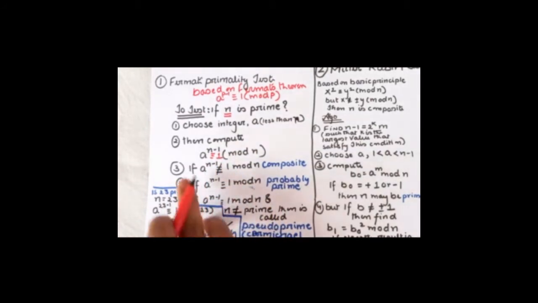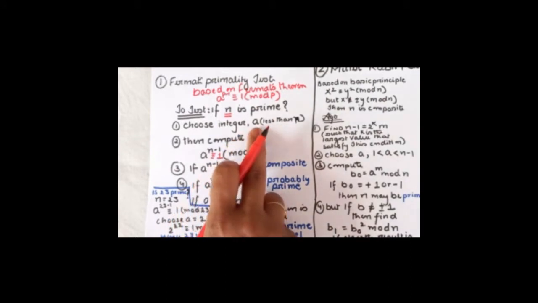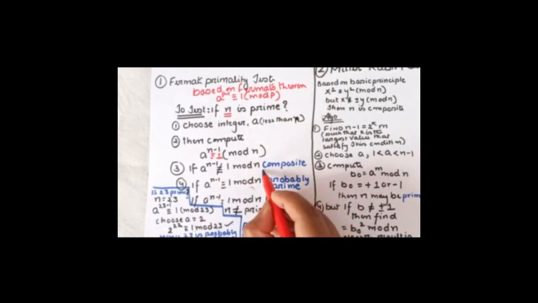After computing this, if a to the power n minus 1 is not congruent to 1 mod n, for the value you've chosen for a and the number you have to decide whether it is prime or not, then you can be very sure that that number is a composite number. For sure it is a composite number.